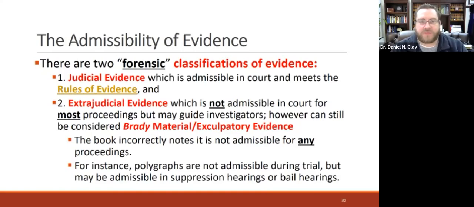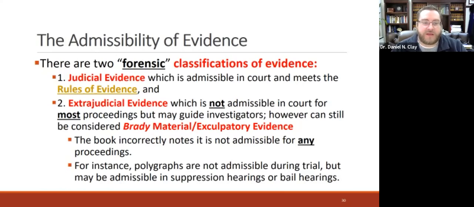Is it admissible in court? No, because it doesn't meet the rules of evidence. It's hearsay. We don't want somebody telling us what some other person said in court. We want the person who said it to come say it in court. So it doesn't meet our standards for judicial evidence.